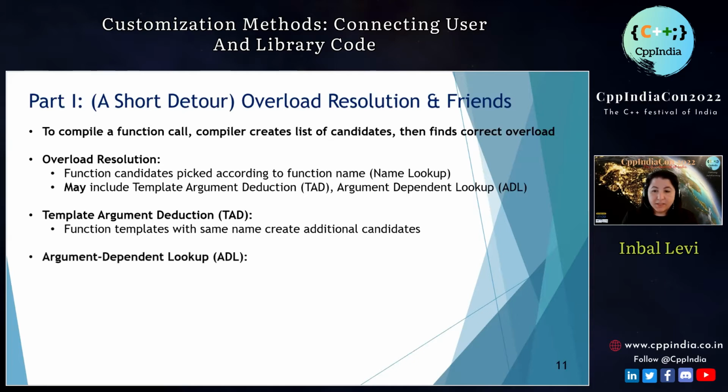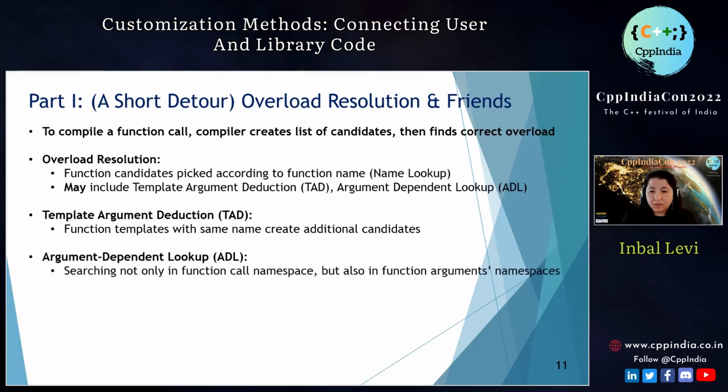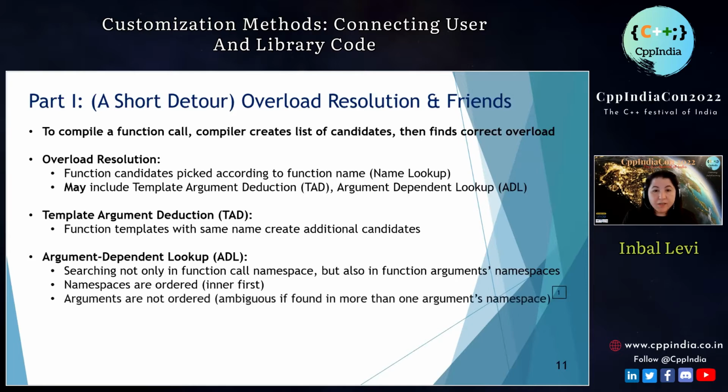And argument-dependent lookup: searching not only in the function call's namespace, but also in the arguments' namespaces, which is very important for our talk. We're going to use that quite extensively. And namespaces are ordered, meaning the inner one is searched first, while arguments are not ordered, and we can get ambiguity, etc.